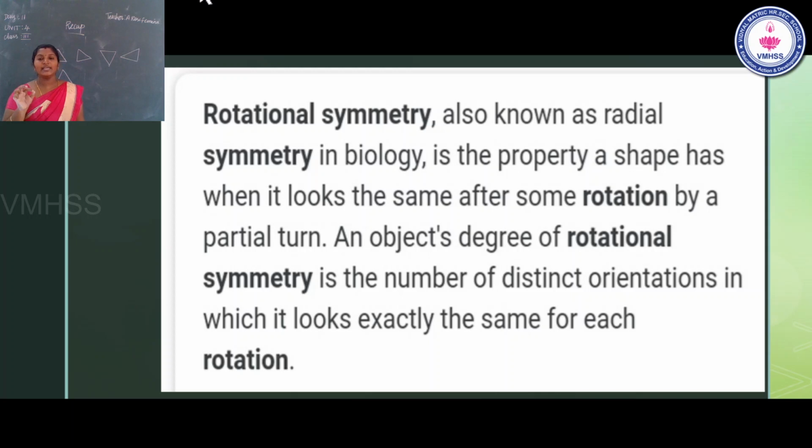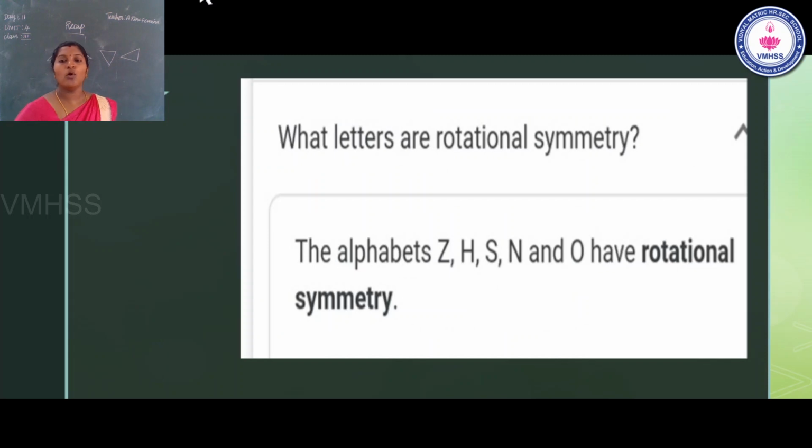It's the main word. Dear children, please take a pencil and underline the words: exactly same for each rotation. So, what letters have rotational symmetry? You already know.